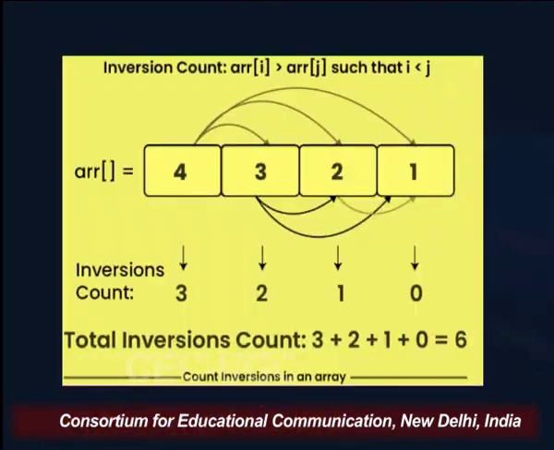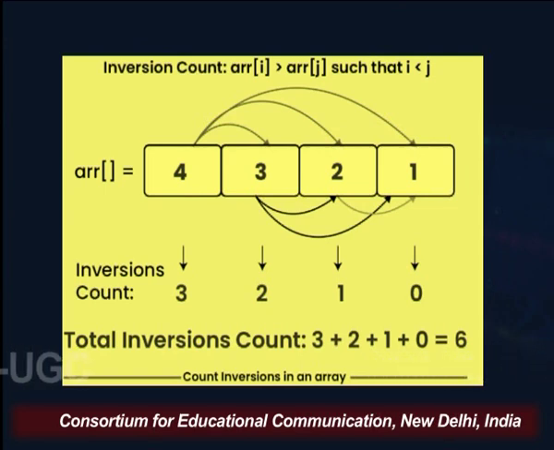So there are a total of 6 inversions in this. Now let us see how these inversions are counted and how we get a count of 6. As I have told you, if ARR of i is greater than ARR of j and i is less than j, we take that as an inversion. Here is the figure. Our input array ARR is 4, 3, 2, 1.